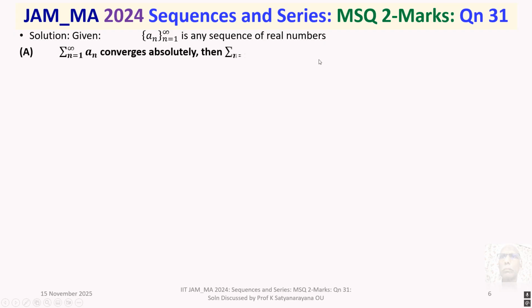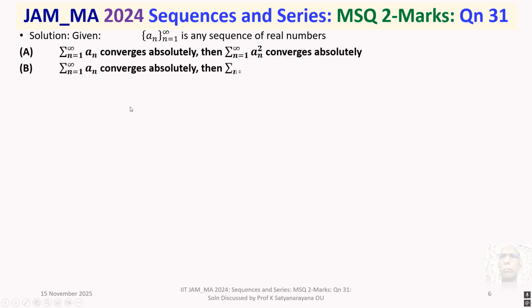We look at both the options, option A and option B, in which it says if sigma an converges absolutely, then what happens to the series sigma an square and an cube? Do they both converge absolutely, or one converges and the other does not? Let's now discuss these 2 options.